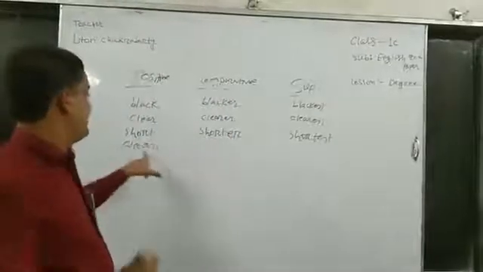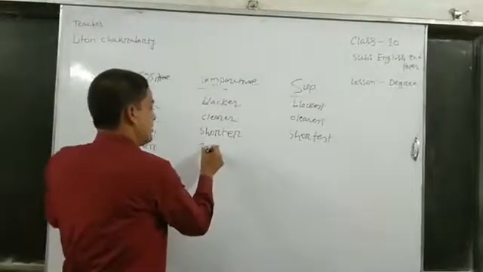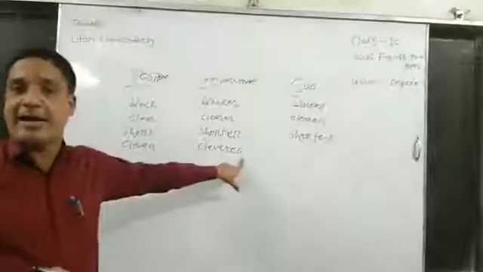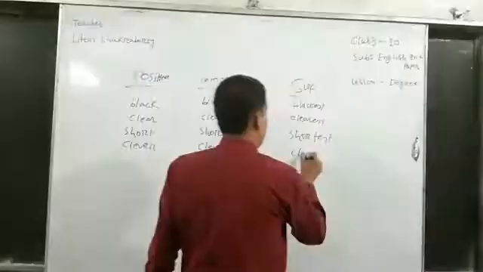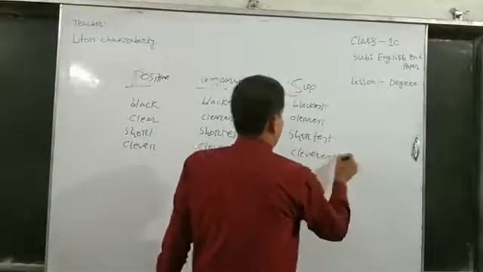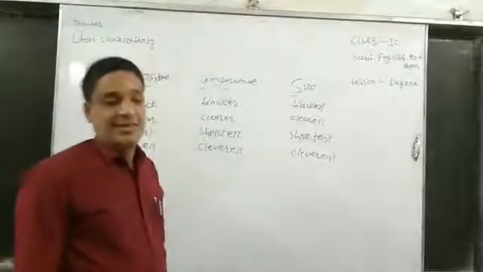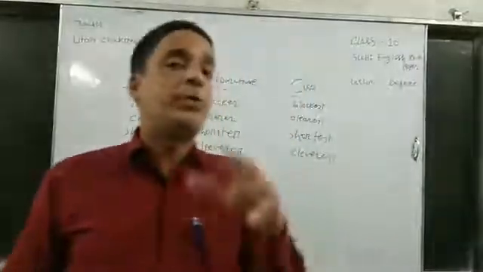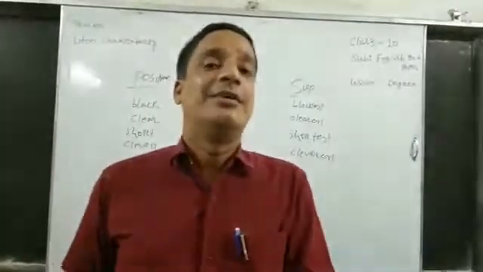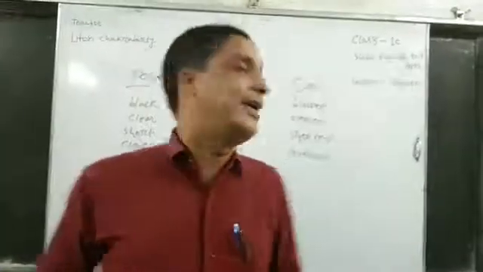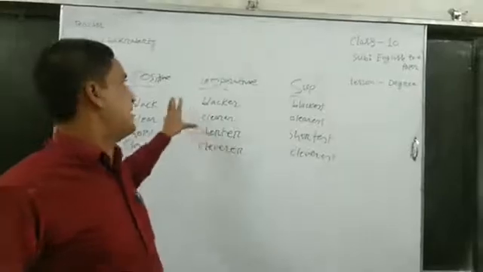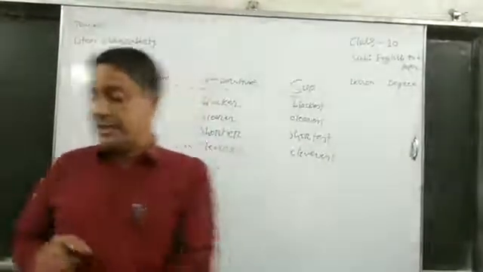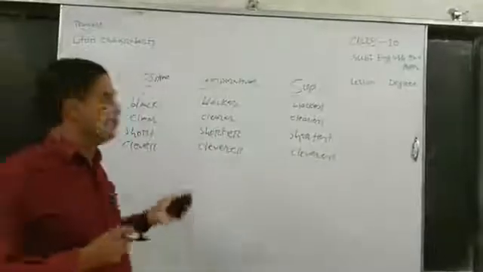In that case, clever, we will add er, cleverer, then cleverest. Dear students, remember one thing, if you want to change the form of degree, you must write down the rules in your exercise book. Without this it is not possible.